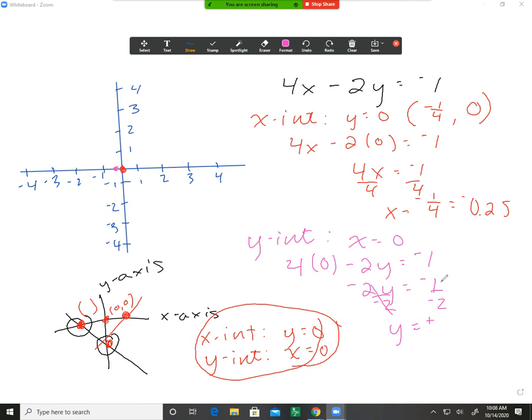So our answer is positive, and we have 1 over 2, which is 1 half. So we know our y value is 1 half. What's our x value? 0. Now we put that point down here: 0, 1 half. And then what we can do is get a straight edge and put the line through those 2 points. And we've graphed our equation.